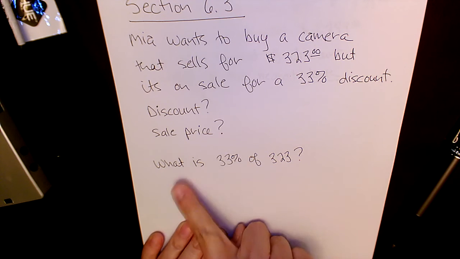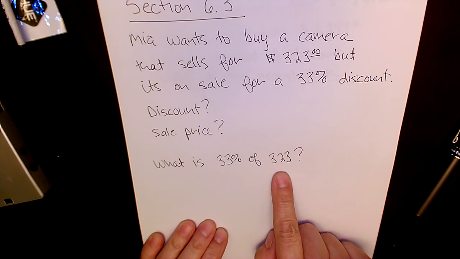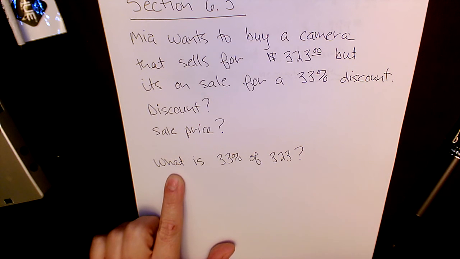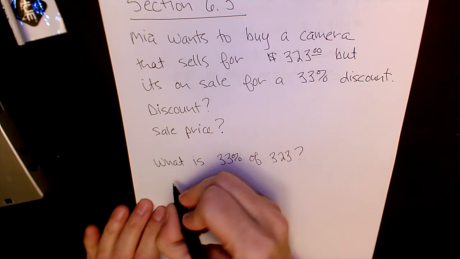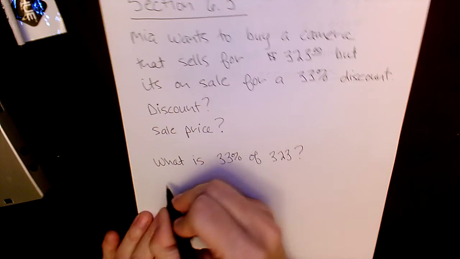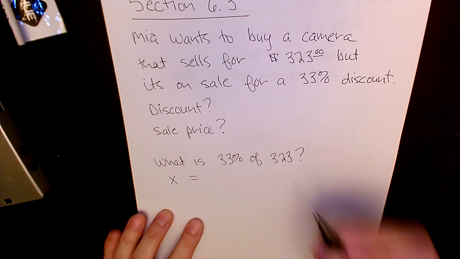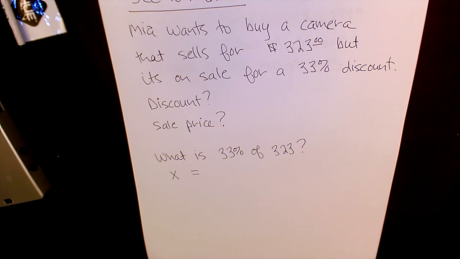So I'm looking for the discount. What is 33% of 323? So x stands for some number, a variable. We're just translating this into math. Is equals 33%. We want to make that a decimal so we can put it in our calculator easier.